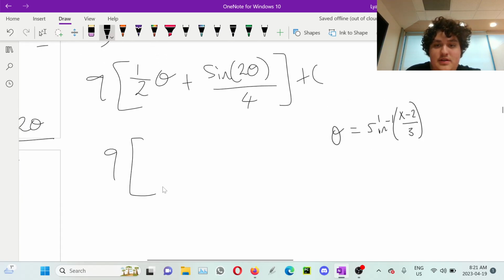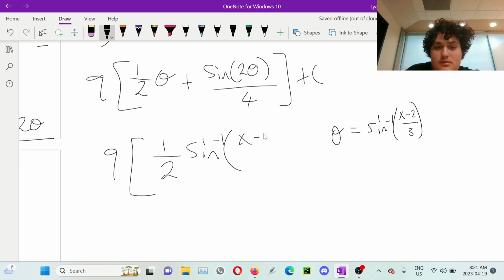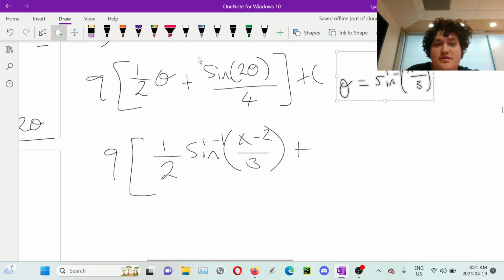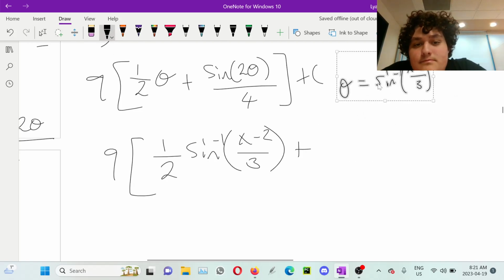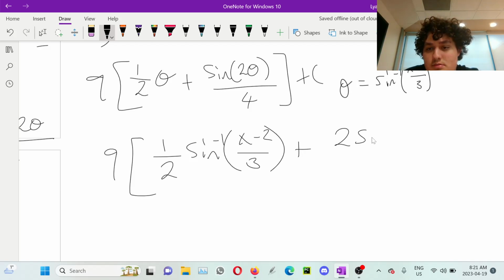So, I should put in... Now, it's not good notation to leave it like this. For here, it's fine, right? There's nothing you can do. For this part, I should try to make it better. So we know sine 2 theta is 2 sine theta cos theta. And sine inverse cancels out, so just put what's inside.